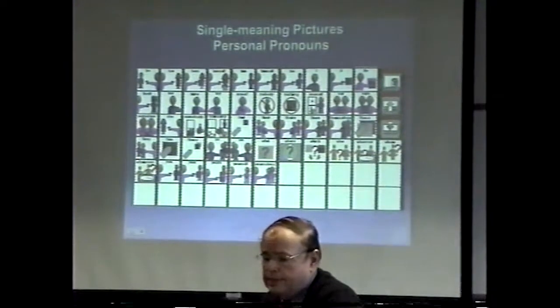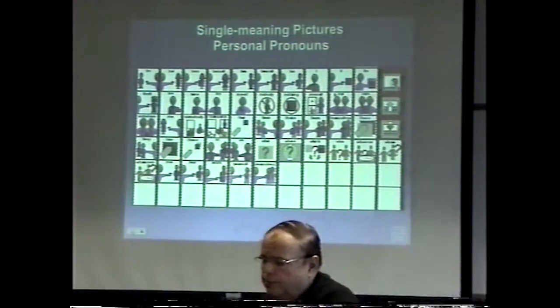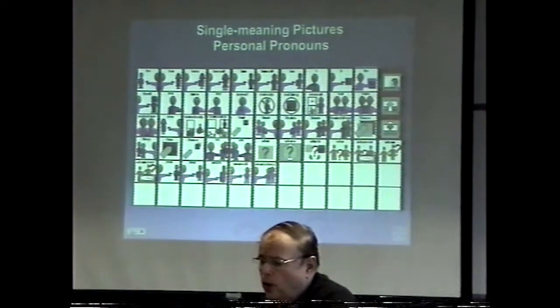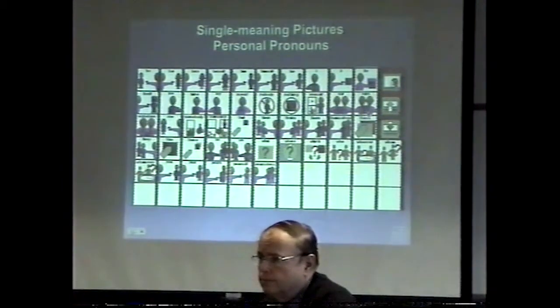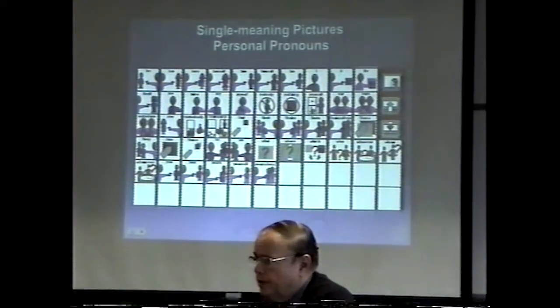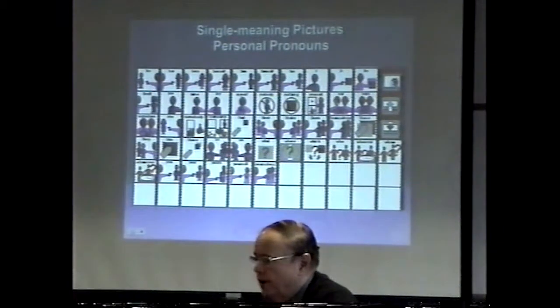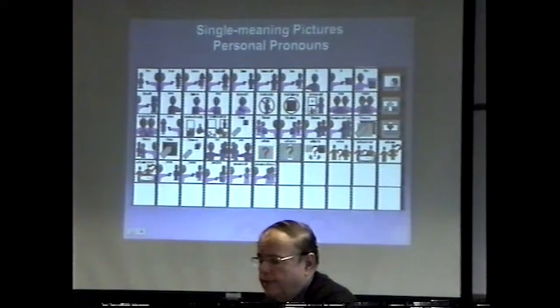Here the possessive is shown as hers, as herself. Okay, look at the difference between our and ours. See, here the object being possessed is held by one finger, and here it's held by 4 fingers. And on this one, the ear is on the right-hand side, and this one it's on the left-hand side.